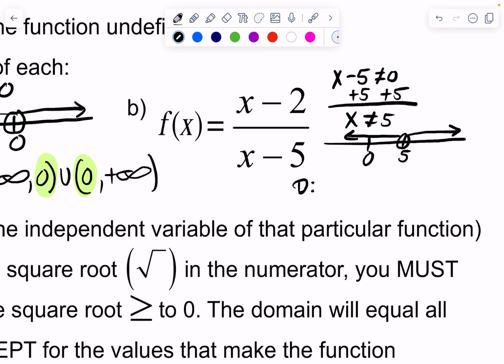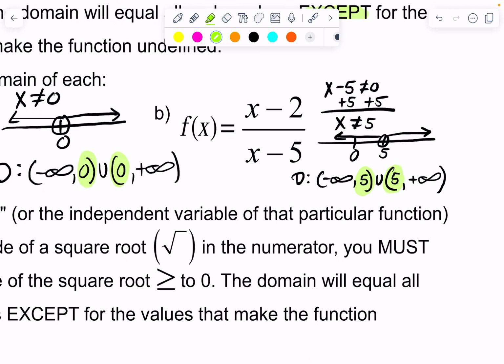So my domain will be from negative infinity to 5, but not including 5, in union with 5, but not including 5, to positive infinity. Please note once again that I am using parentheses around the 5s because it cannot equal 5.